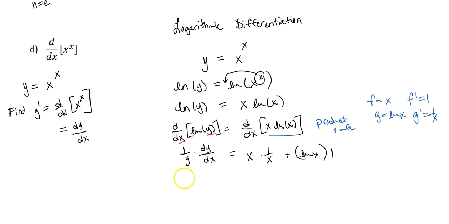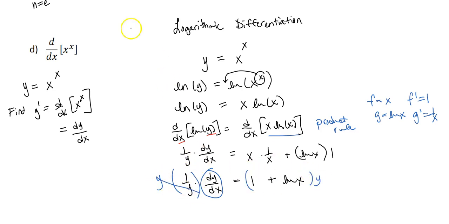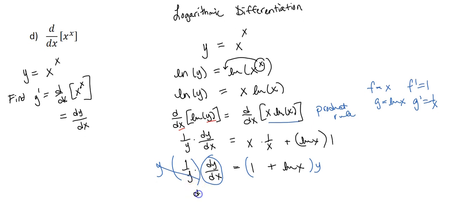So I have 1 over y times dy over dx equals 1 plus natural log of x, and I want dy over dx. That's my goal. So in order to get that, I'm going to multiply both sides by y. So I have dy over dx equals y times 1 plus natural log of x.